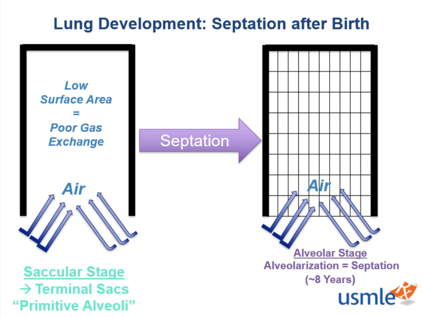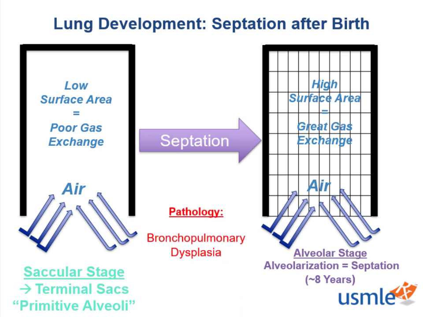So, when air enters the alveolus, there is much more surface area for gas exchange. Overall, this process of septation or alveolarization occurs up to and even beyond 8 years of age. If this process does not occur properly, then we may develop bronchopulmonary dysplasia. Let's address that in more depth on the last slide.